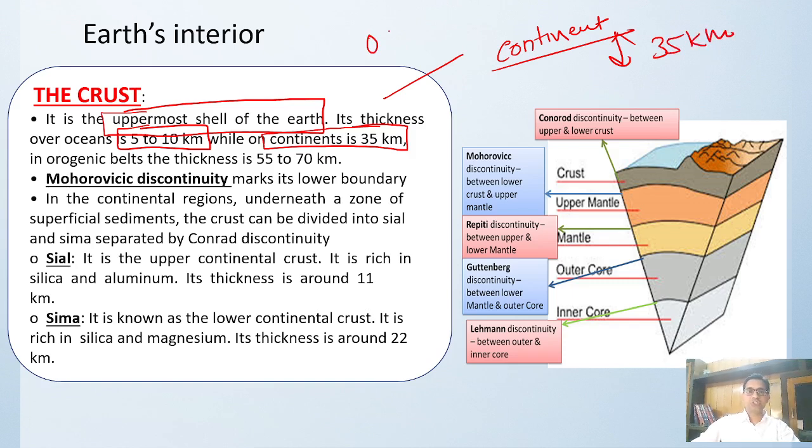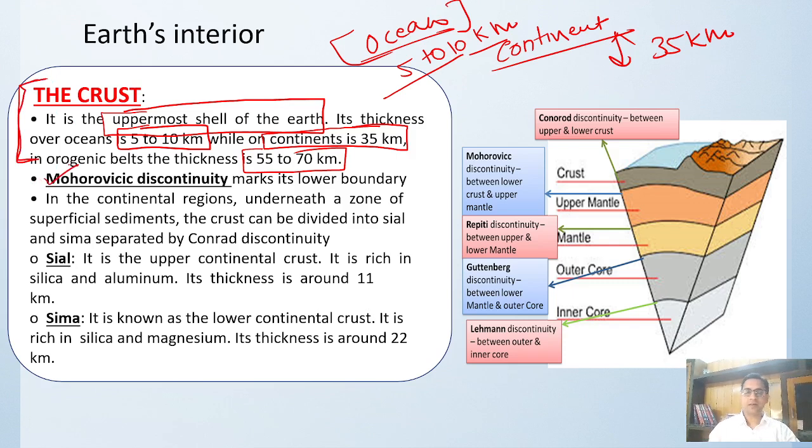If you are in the ocean, then beneath the ocean floor the crust is 5 to 10 kilometers thick. In orogenic belts, the thickness is 55 to 70 kilometers. Then once the crust is over, there is the Mohorovicic discontinuity.